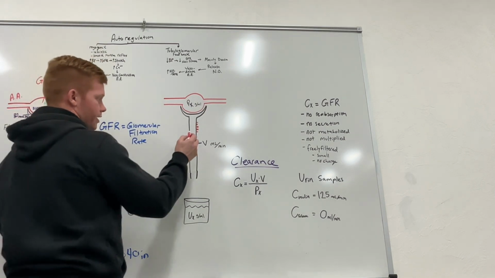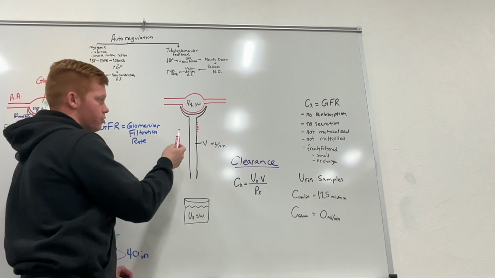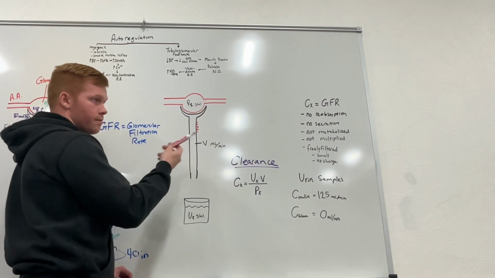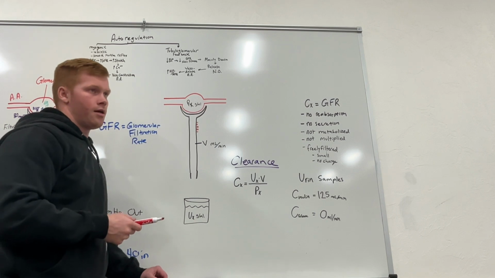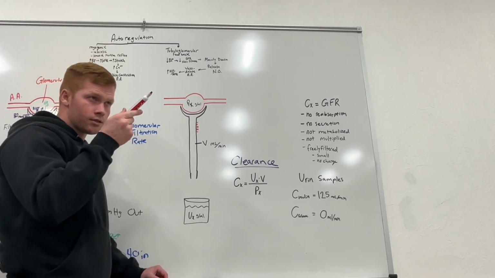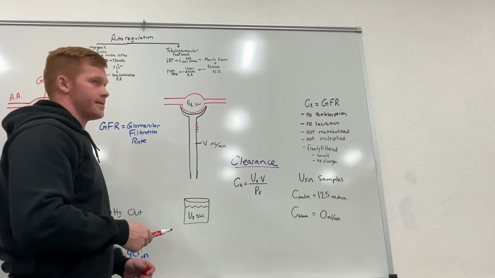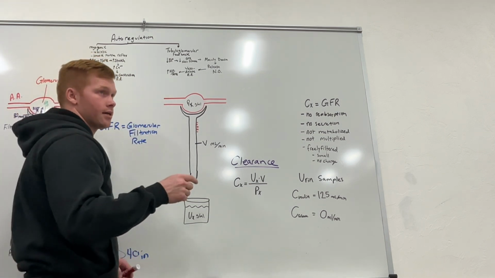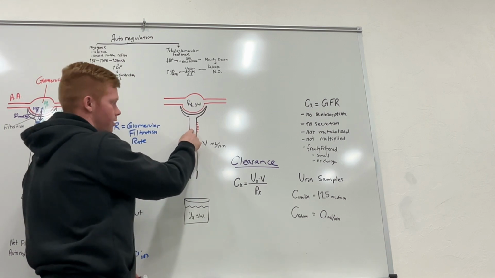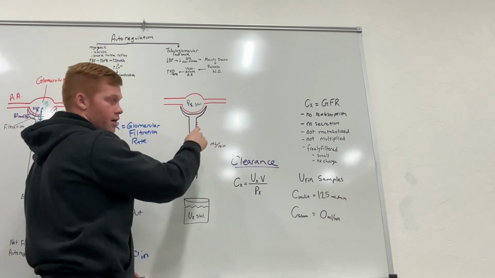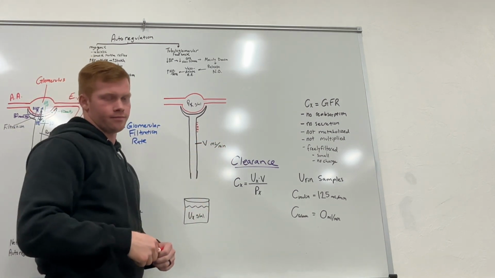There's gonna be specific glucose channels, and they're called GLUT2 channels, and those help push glucose into the blood. There's also another channel, which one is it? It's the SGLT channel and the GLUT2. Pretty much the SGLT is what pulls the glucose from the tubule into the cell. Then from the cell, the GLUT2 takes glucose within the cell and pushes it out into the blood.